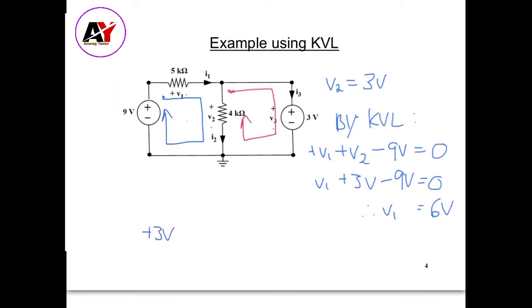Then we keep moving around the loop and get to the minus sign first of V2, so we write down minus V2, and the sum of the voltages around the loop must be equal to 0. And then, as we saw before from the elements being in parallel, V2 is equal to 3 volts.